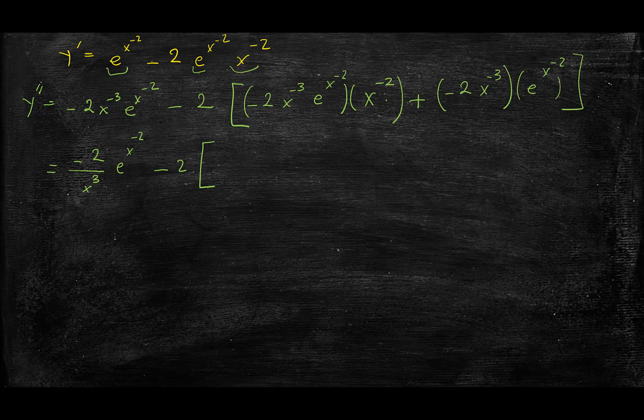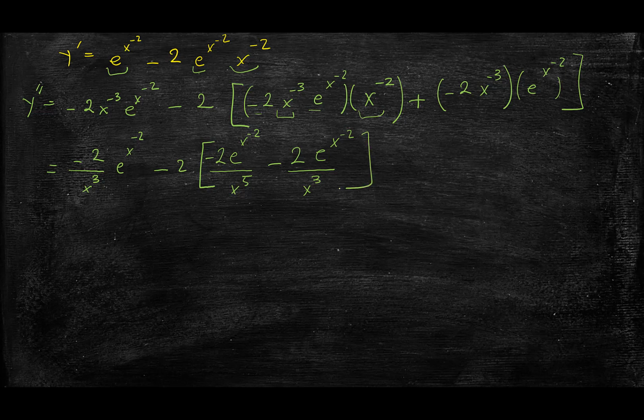Now it looks like I have a negative 2 and an e to the x to the minus 2 here, and then I have an x to the negative 3 and an x to the minus 2, which is x to the minus 5. Then I can bring it to the bottom here. And then for the second part, I also have a negative 2 e to the x minus 2 over x to the 3 this time.